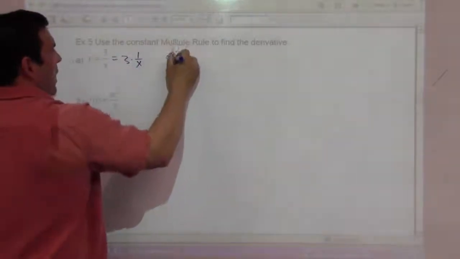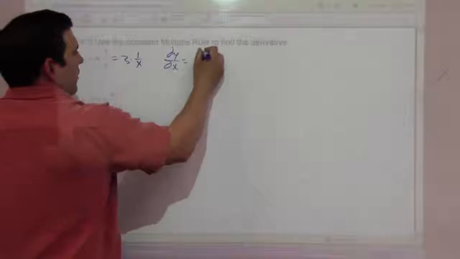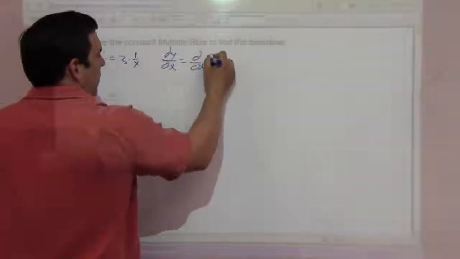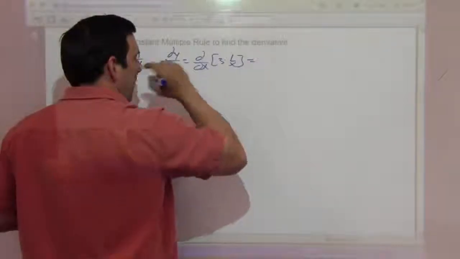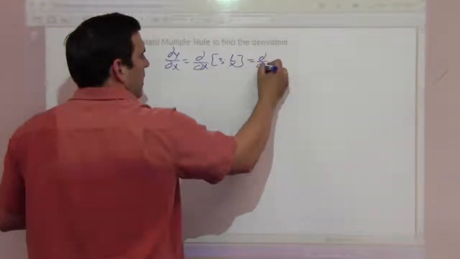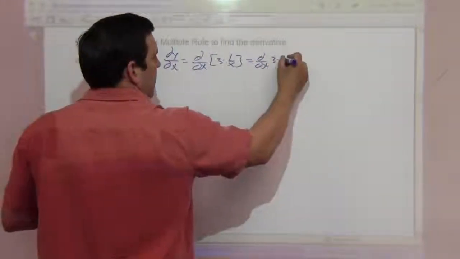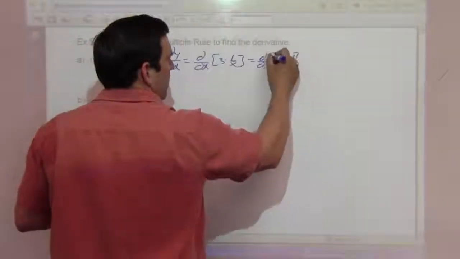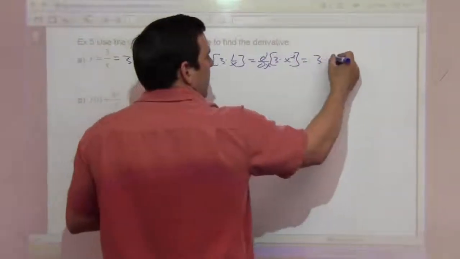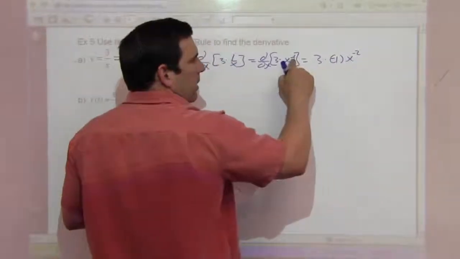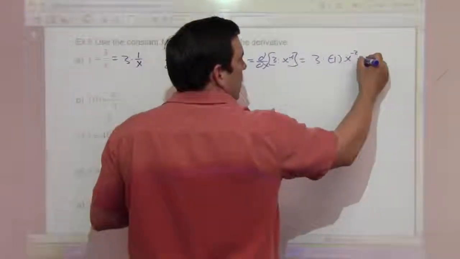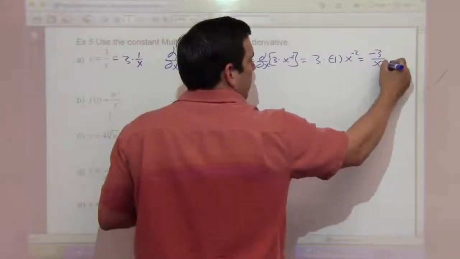So our dy dx is going to be the derivative with respect to x of 3 times 1 over x. That's going to be the derivative with respect to x of 3 times x to the negative 1. That's going to be 3 times negative 1 x to the negative 2, because negative 1 minus 1 is negative 2. That's negative 3 over x squared.